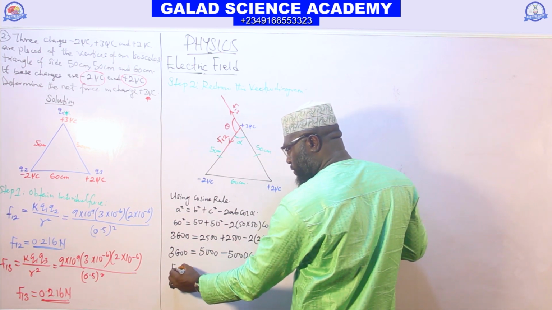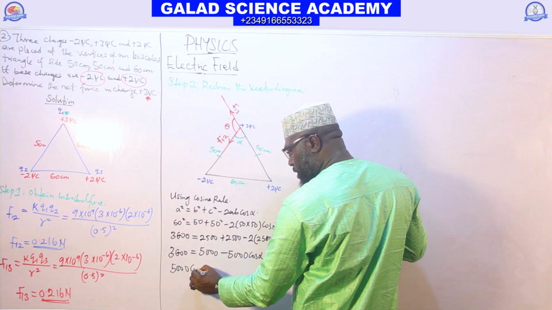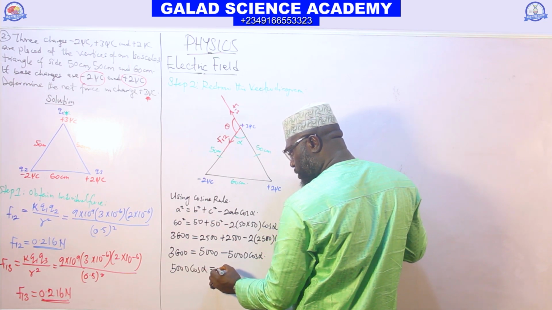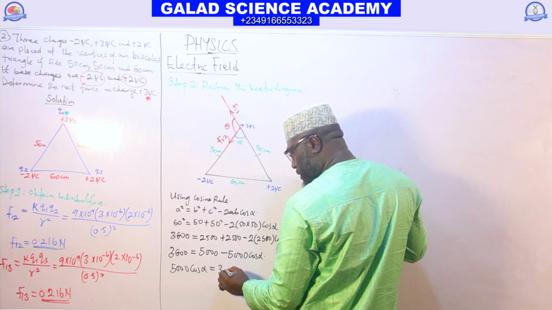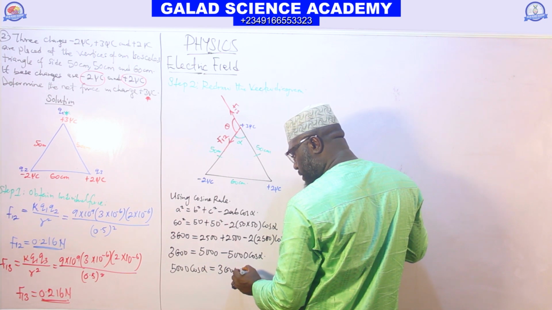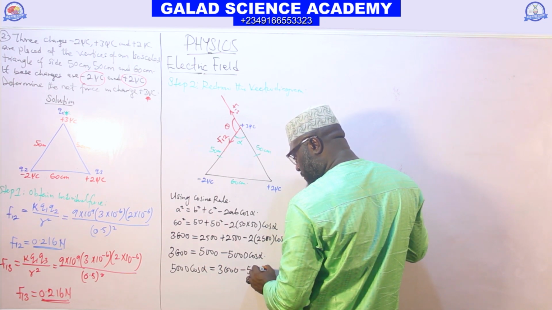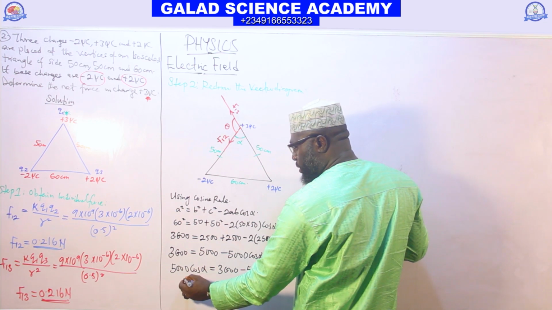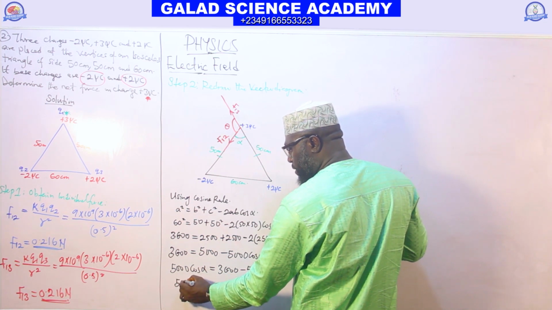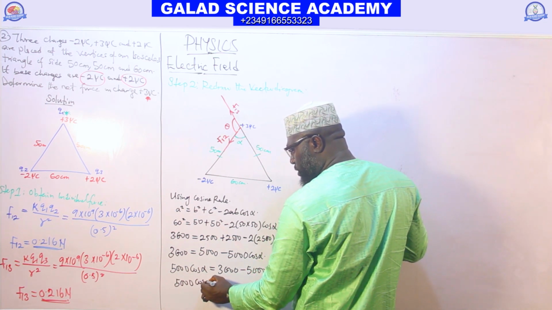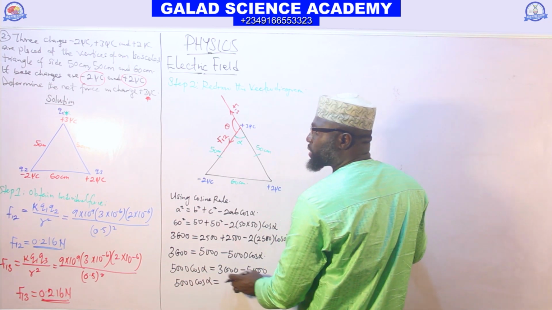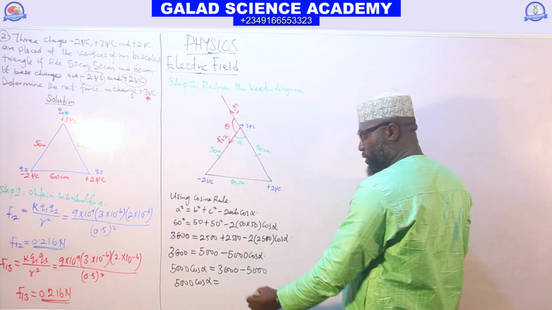So you now have what? 5,000 plus alpha equal to the what? 3,600 minus 5,000. By subtracting this, we have 5,000 plus alpha. Subtract this from this, we have 140.